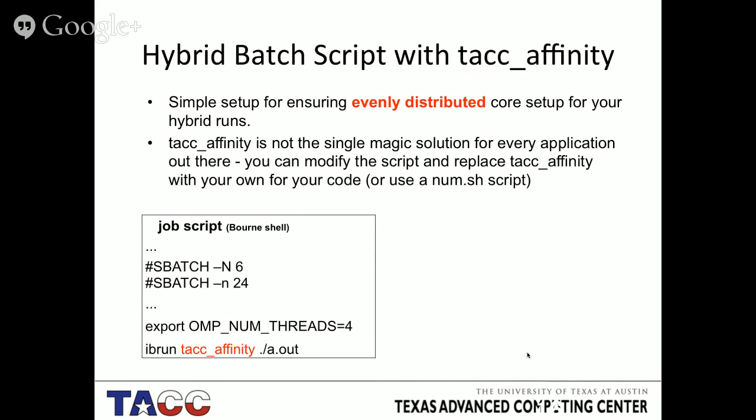Another place that something very similar to this is located is in tac affinity. So if you don't want to have to work that, and you just have something simple with numa.sh, what you can do is just say tac affinity, and tac affinity assures that there's an even distribution of your tasks across the different sockets on the node.